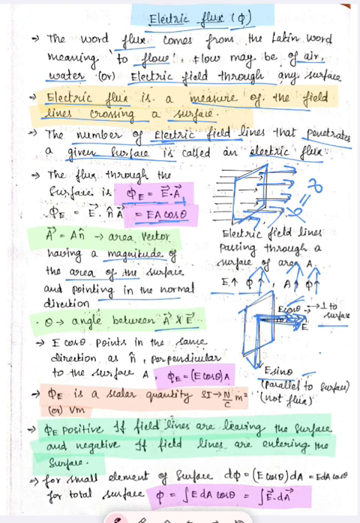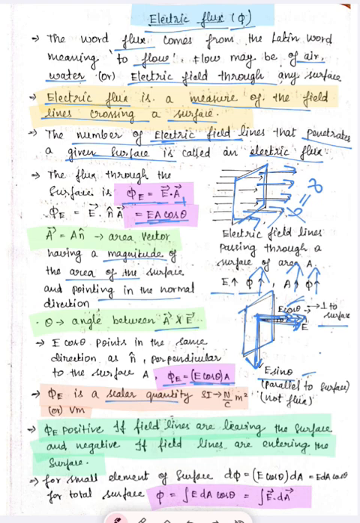E sin theta is not passing through the surface, it is parallel to the surface, it is not a flux. So we write flux as the axial component which is passing through the surface, which is parallel to the area vector, that is E cos theta into the area of the surface. So that is why the flux is the dot product of electric field and the area vector, that is EA cos theta.